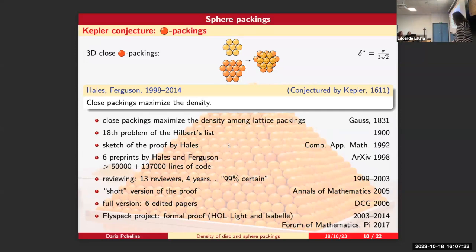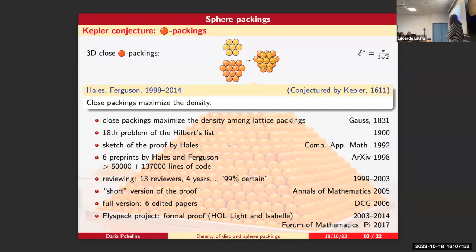So anyway, Hales was not satisfied with 99% certain, so he started the project of formal verification of the Kepler conjecture, called Flyspeck, a sphere packing something. This was a formal, full computer proof with several proof assistants.